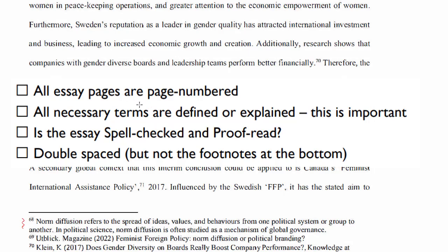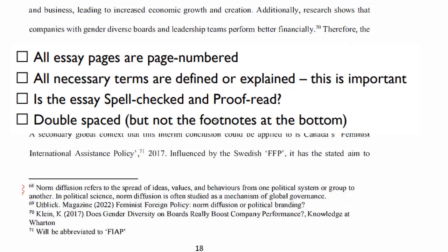So obviously all pages are page numbered, all necessary terms are defined or explained. That is important. People overlook that. So if you're writing an economics essay and you put in one of the terms in economics, then you need to define it, and don't assume that everybody knows what everything is. Obviously, spell check and have it proofread by a friend is always a good idea.